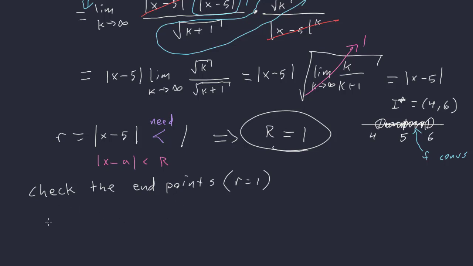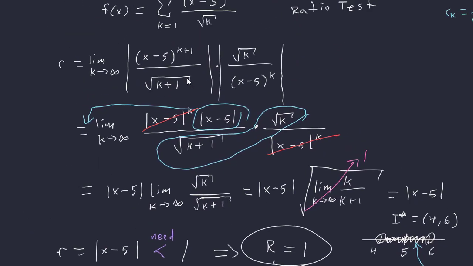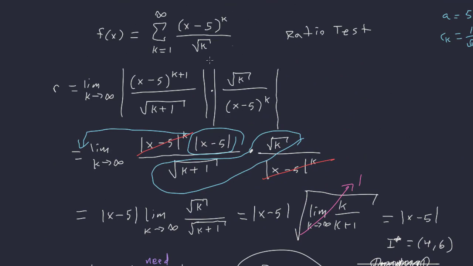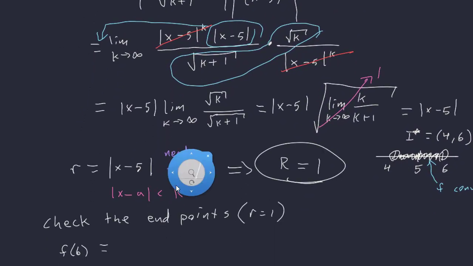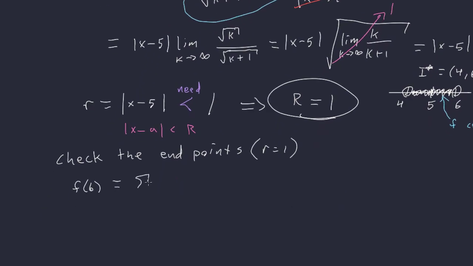Okay, so we'll start with f of 6. Now, if we forgot what our series was, here it is. So it'll be the series k going from 1 to infinity of 6 minus 5 raised to the k all over the square root of k.